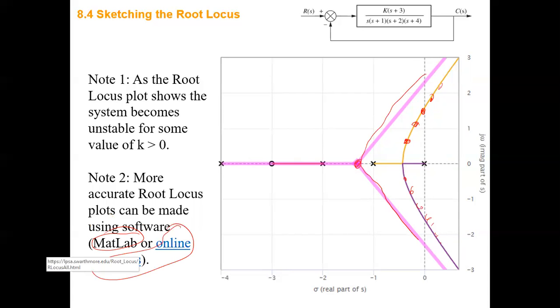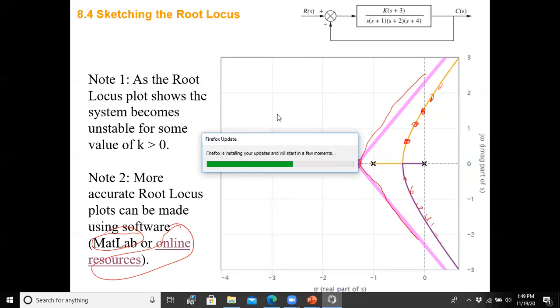If you have a minute, if you click here, this awesome website, I found it last time.